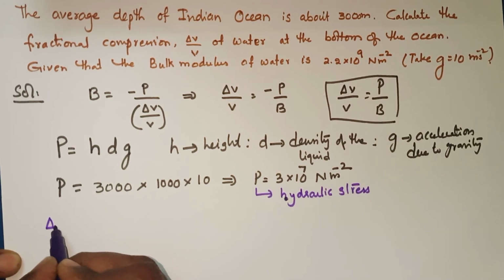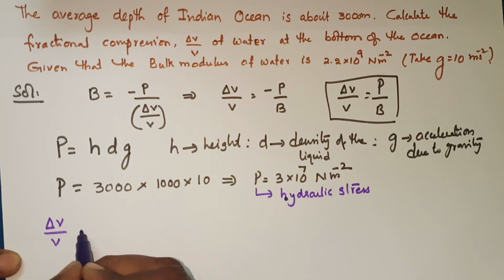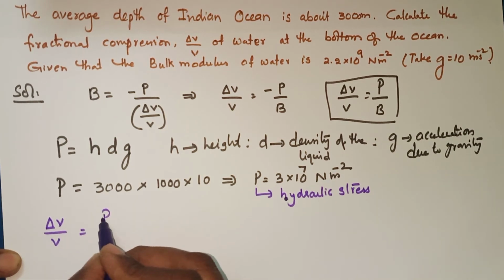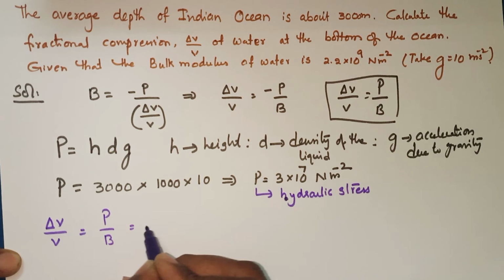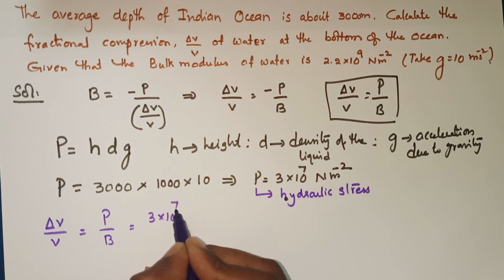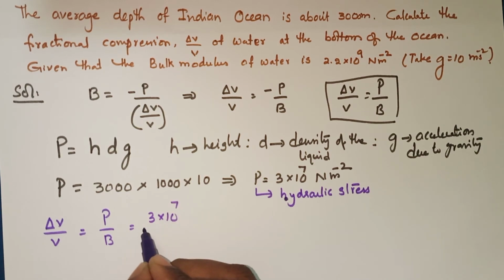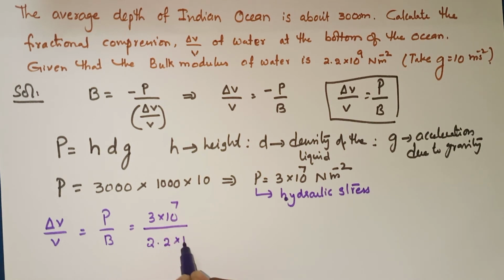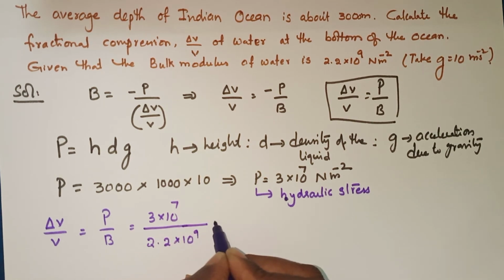So delta V by V is equal to P by B, which is 3 into 10 power 7 by 2.2 into 10 power 9.